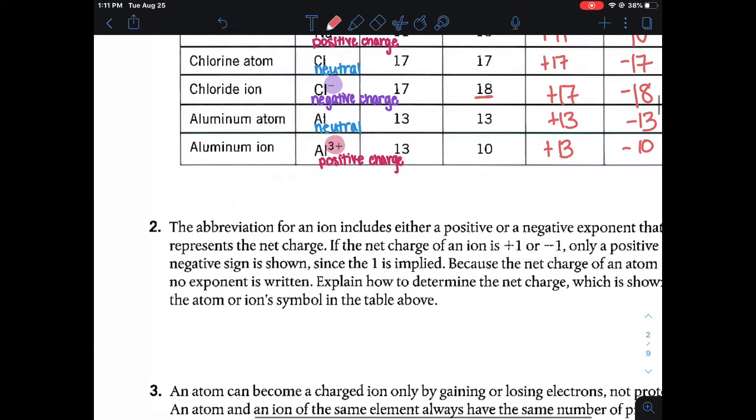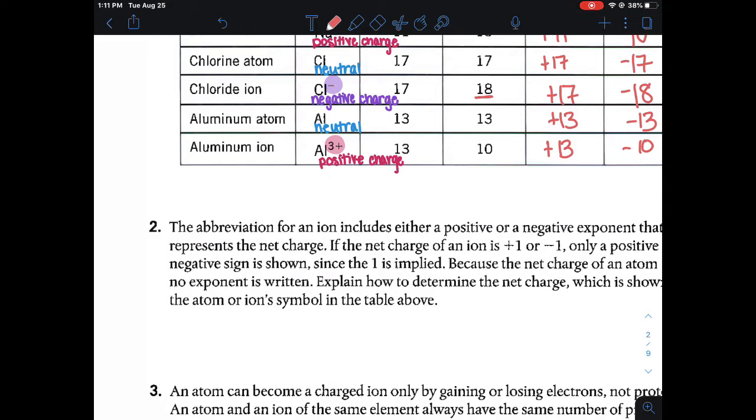Number 2, the abbreviation for an ion includes either a positive or a negative exponent that represents the net charge, which is what you saw I have highlighted up in that same chart. If the net charge of an ion is plus 1 or minus 1, only a positive or negative sign is shown, since the 1 is implied.